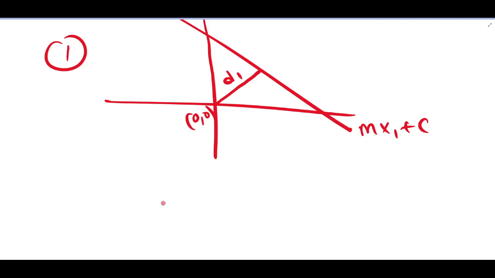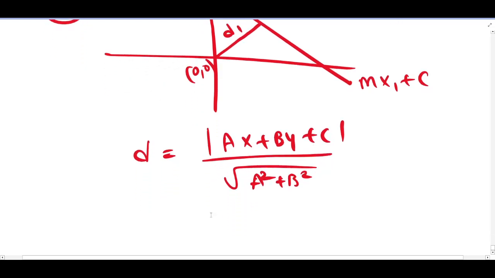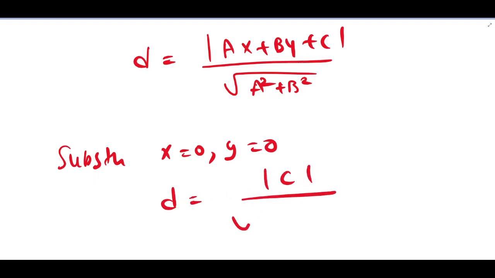So from the distance formula, the distance is ax plus by plus c divided by root of a square plus b square. Substitute x equal to 0 and y equal to 0, so we get mod of c divided by root of a square plus b square.